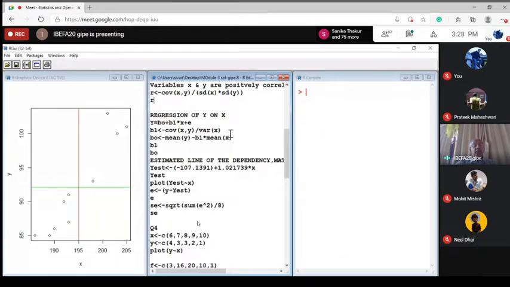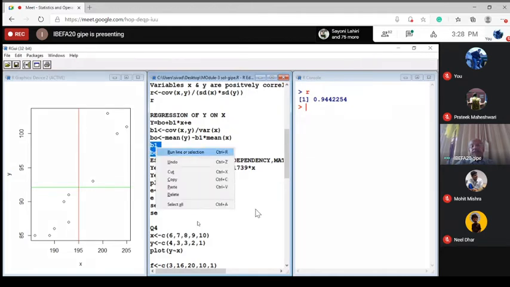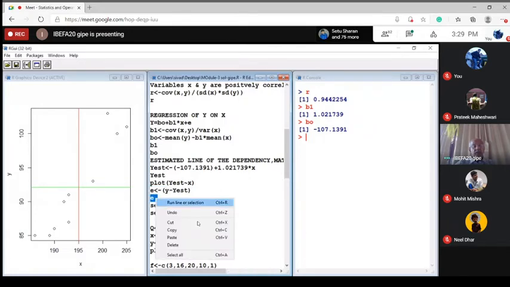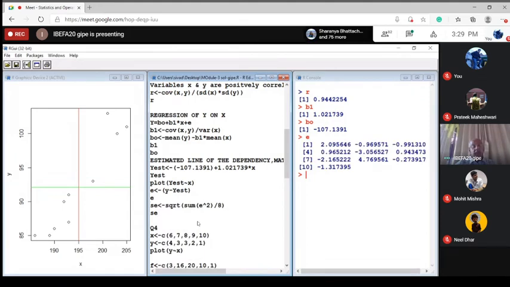I have the correlation value, I have slope and intercept, I have the error component from that, and I have the standard error. So standard error is a value for E.